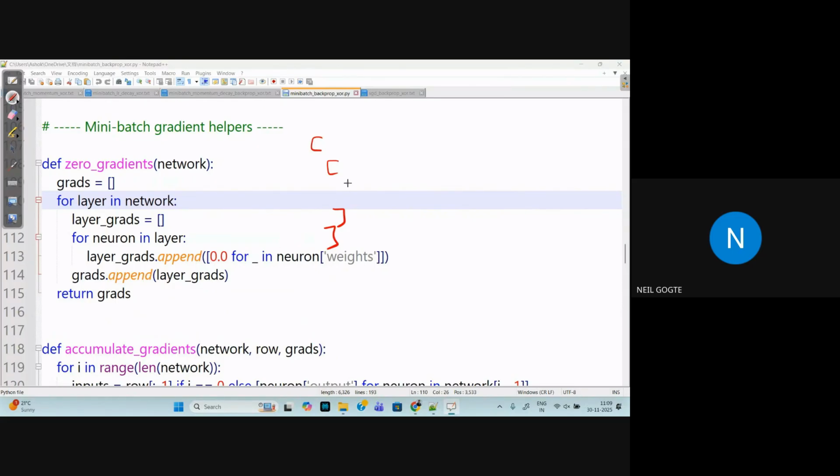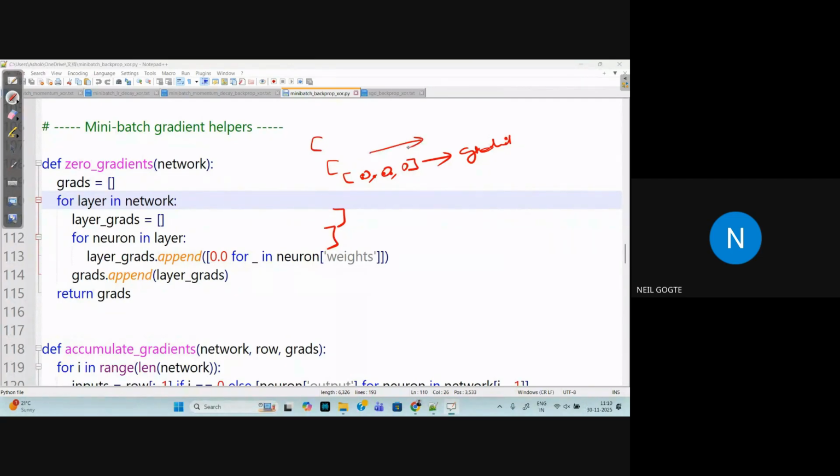So for each neuron in the layer, we are appending a list to layer grads. This is all the weights associated with that particular neuron, and these are all 0, comma 0, comma 0. So this is the gradients.